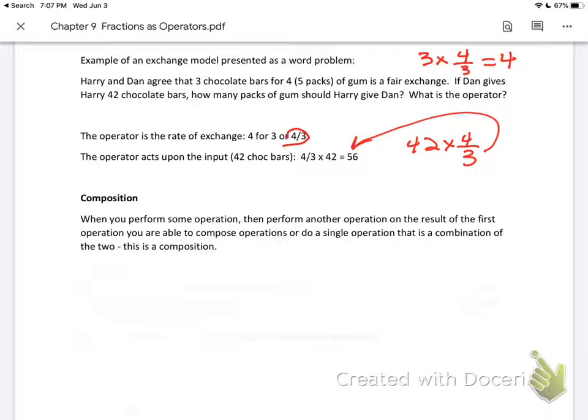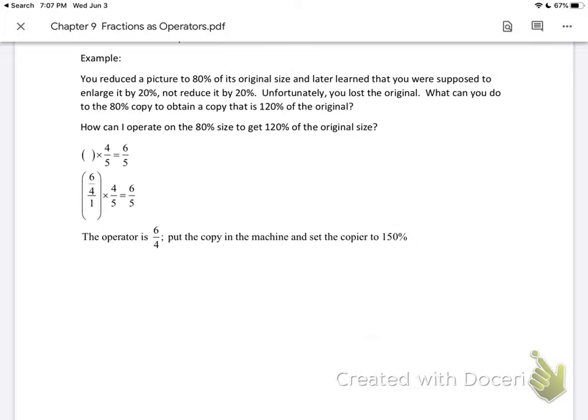Composition. When you perform some operation and then perform another operation on the result of the first operation, you are able to compose operations or do a single operation that's a combination of the two. And that's what a composition is. Okay, again, as you get higher in math, you have more advanced types of compositions, but that's the essence of it.